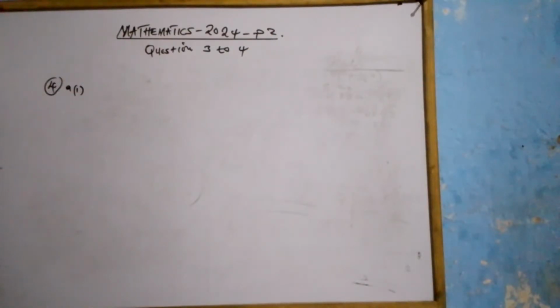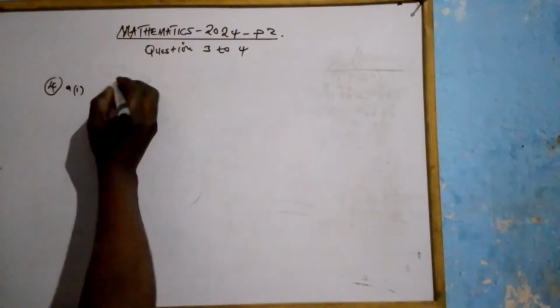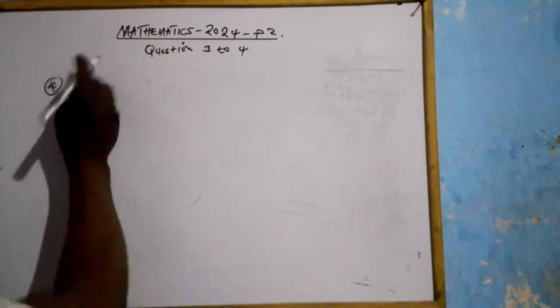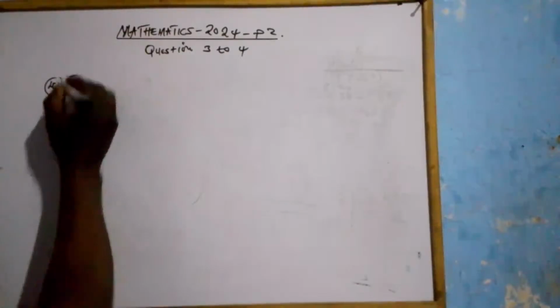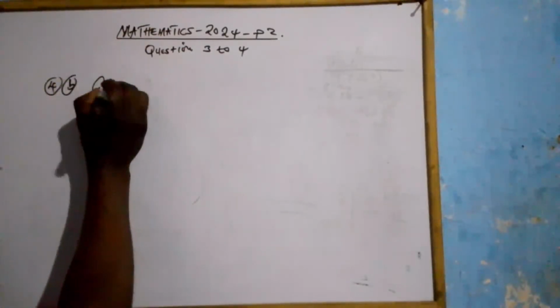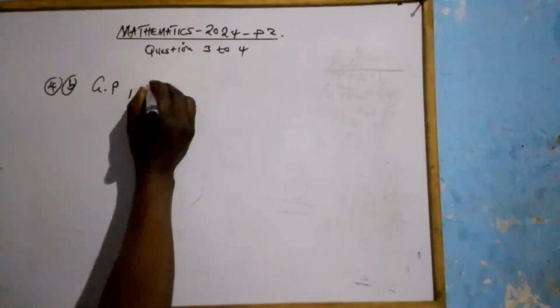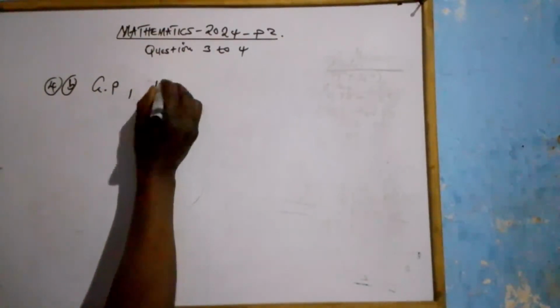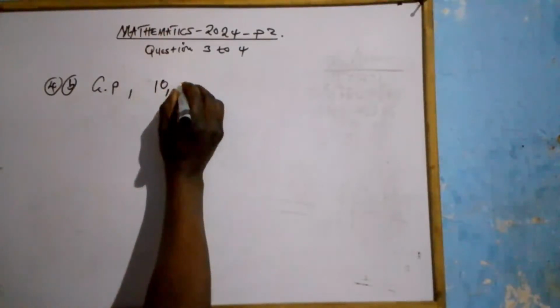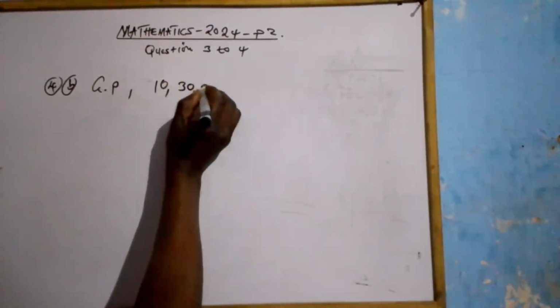So we are moving on to question 4B. We have a GP which has the terms 10 as the first term, then 30, then 90.